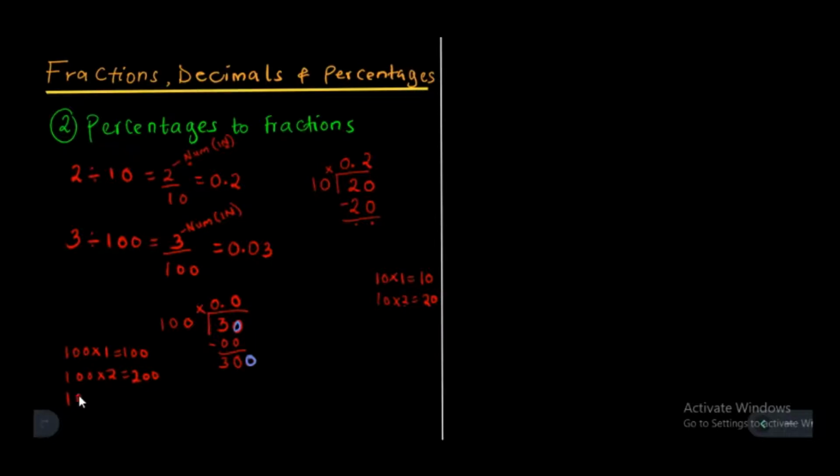I continue: 100 times what number gives me 300? There. 100 times 3 gives me 300. So I'm going to write 300 right there, and when I subtract, there's no remainder.